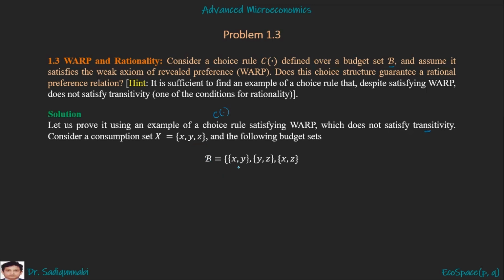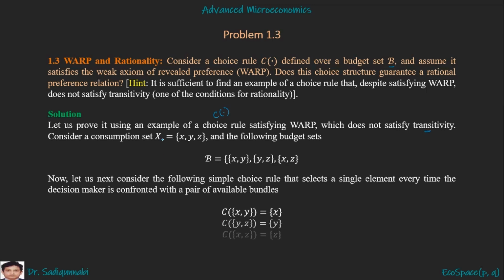The budget set contains XY, YZ, XZ. Now let's consider the choice rule among this budget set. The first choice rule is X is preferred over Y. Second is Y is preferred over Z. And the third choice rule is Z is preferred over X.